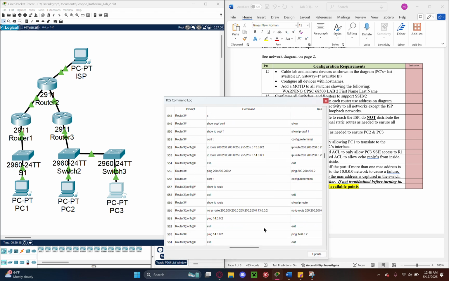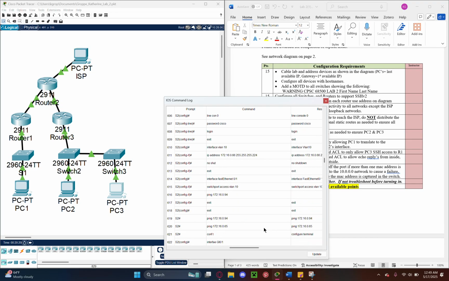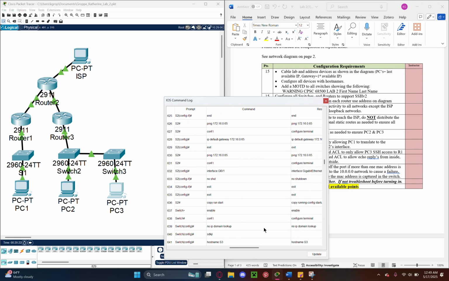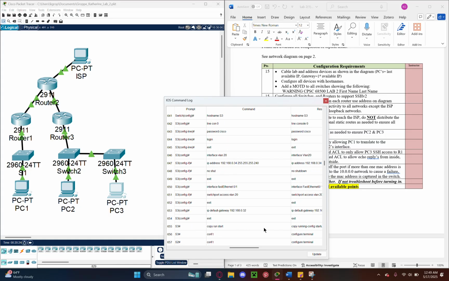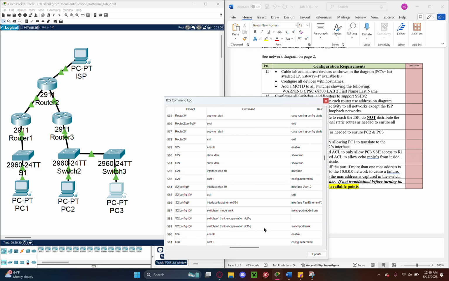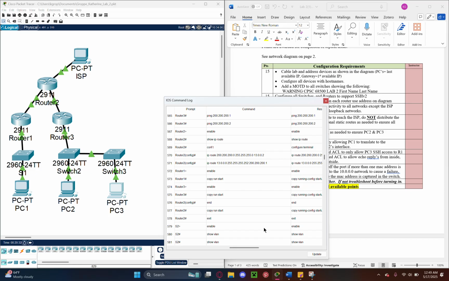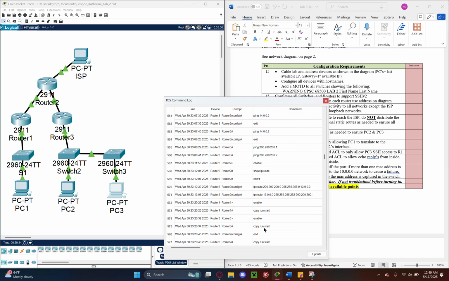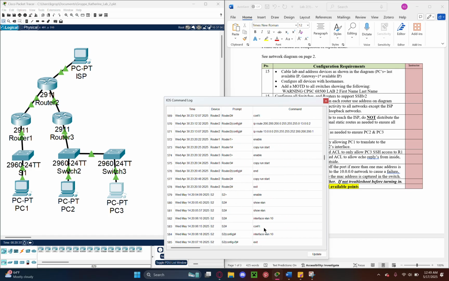Let's see, where is this static configuration here? Oh, we're on the switches now. I know I configured it. We've gone too far back. No, we're not far enough.